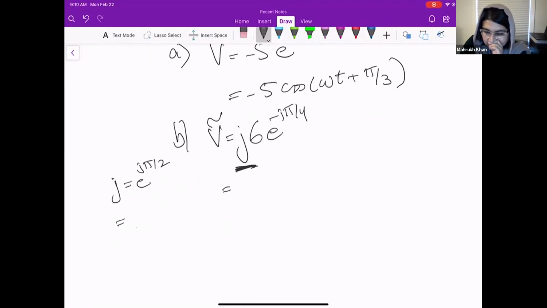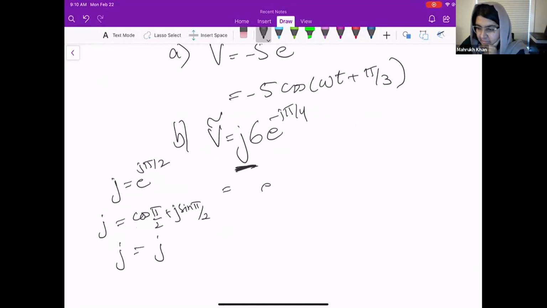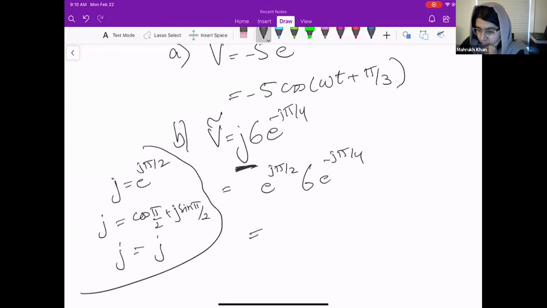Because cos(pi/2) + j sin(pi/2) comes out as j. So you can replace it with e^(j pi/2). And this will become 6 e^(-j pi/4), so it will become -j pi/4 + j pi/2.